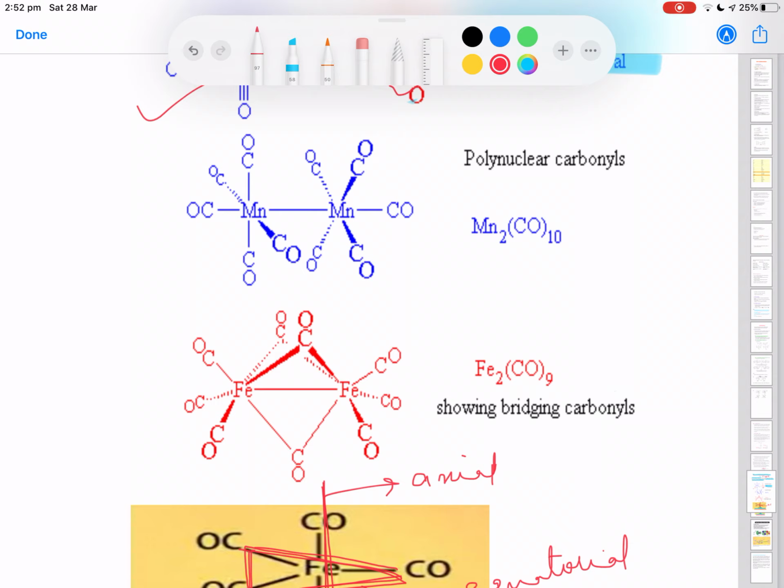Here you can see the structure in which there are 2 manganese as central metal atoms, and since there are 10 carbonyls, that means there are 5 ligands around each manganese. So each manganese carries 5 ligands here, and there is a metal-metal bond between the manganese atoms.